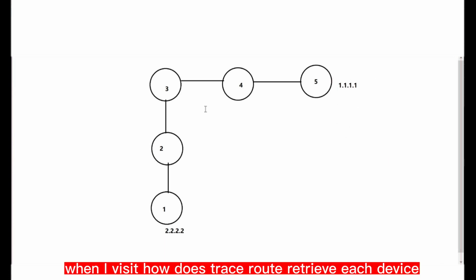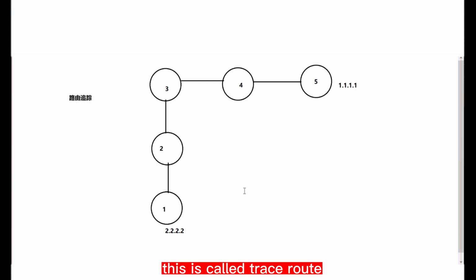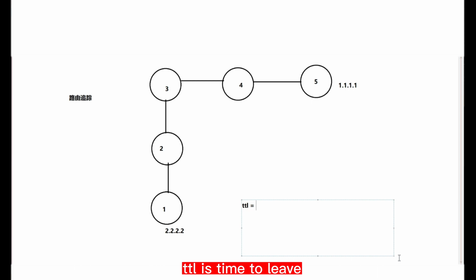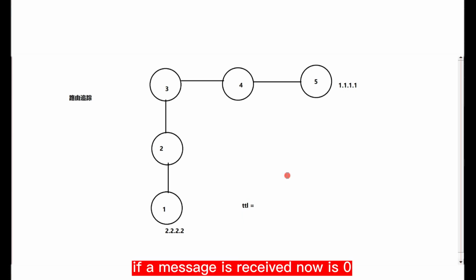When I visit, how does traceroute retrieve each device? Traceroute is based on the TTL in the IP packet. I mentioned TTL when I talked about the message before. TTL is time to live. Where does this message go? You can't forward it down if the message received now is 0.